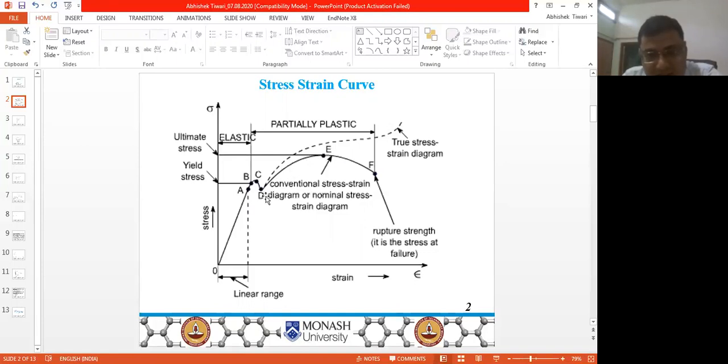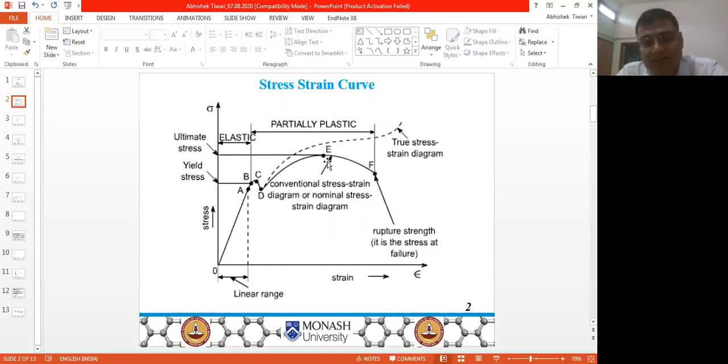That means we have sufficient strain now, and the sample is hardened due to strain, and we reach point E, that is called ultimate stress, also called ultimate strength.